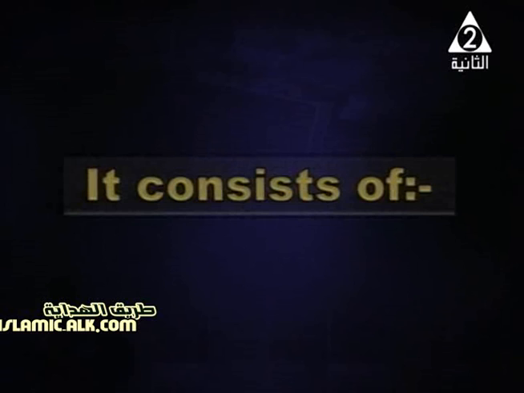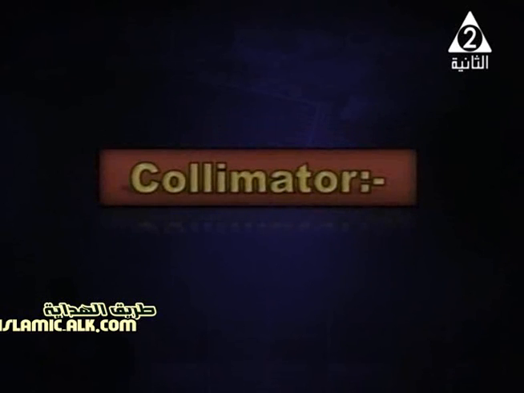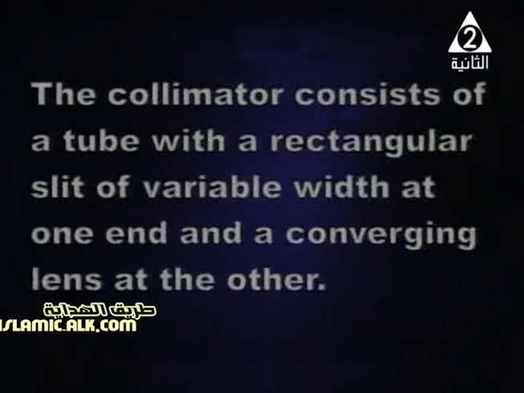So once again, it consists of a collimator, and we want to know the function of the collimator. It is to produce parallel light rays. The collimator consists of a tube with a rectangular slit of variable width at one end and a converging lens at the other.